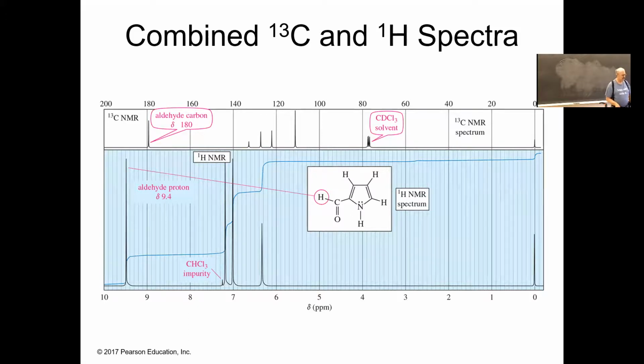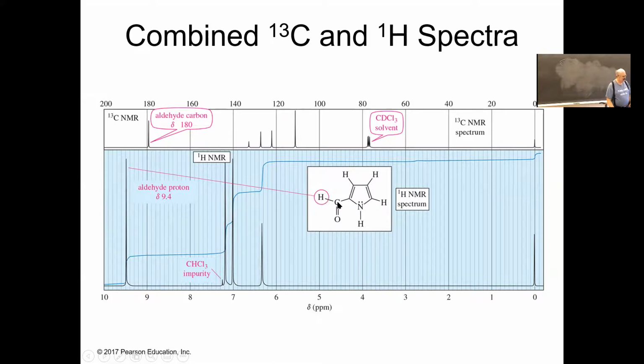Okay, so here is a compound in which we have both the proton and the carbon NMR spectrum. This was done in chloroform-d. Here's this little tiny peak here, which represents a little bit of undeuterated chloroform, and we have 4 singlets. The aldehyde proton is showing up here at around 9.4, which is what we would expect.